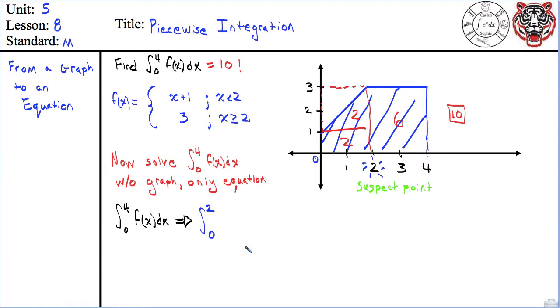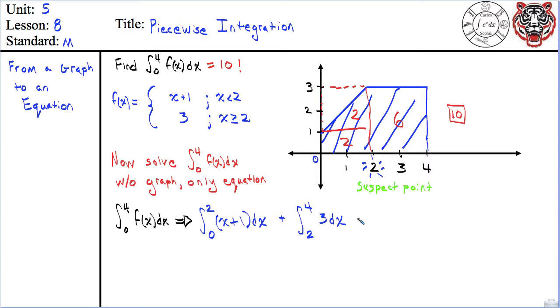So I have my function from 0 to 2, and this function is x plus 1, all of that dx. And we need to add that with another integral from the suspect point to the end, 2 to 4, of this function, which was 3 dx.